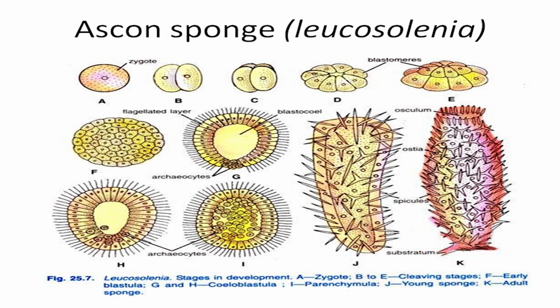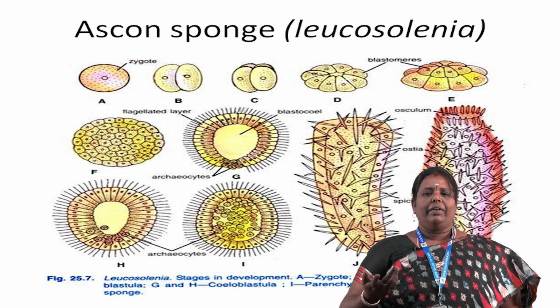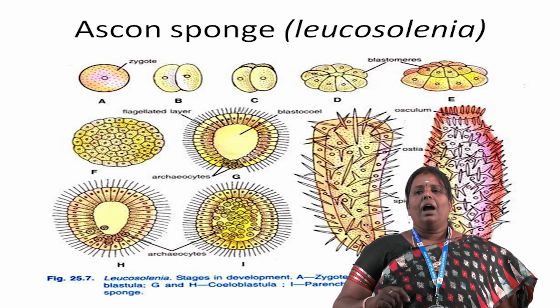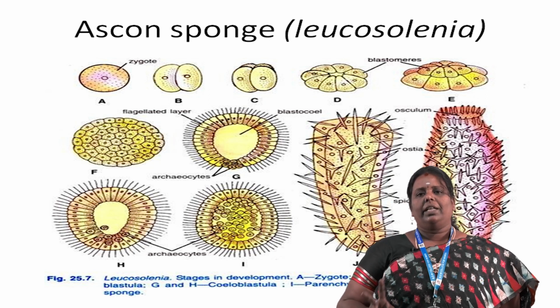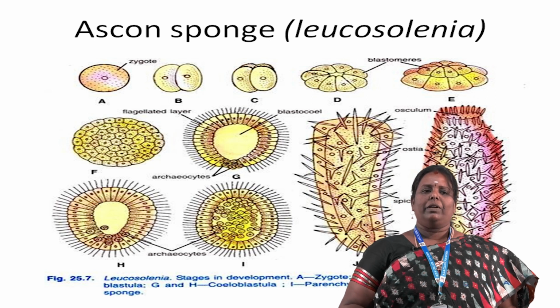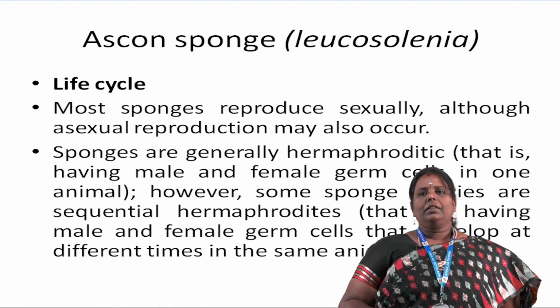After 32 cells, the morula stage and the blastula stage form, with archaeocytes and blastocoel. These develop into a larva, the amphiblastula larva, and another one, the parenchymula larva. There are 2 types of larva developed from the ascon sponge. That's very important.